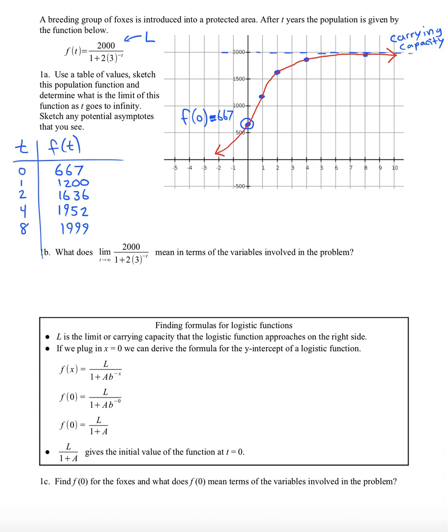All right, great. What does the limit of the function as t goes to infinity mean in terms of the variables involved in the problem? So we could try to algebraically evaluate that limit just by plugging in the infinity. Sometimes that works. And then we can see what it's headed towards.